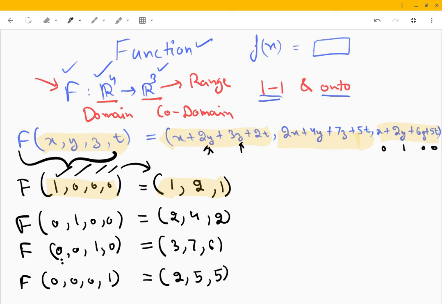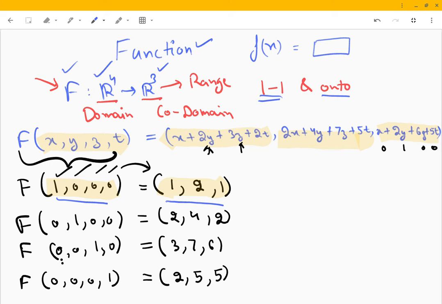Okay, so this is what is happening. Vectors in R4 are being mapped to vectors in R3. Good, so far so good.